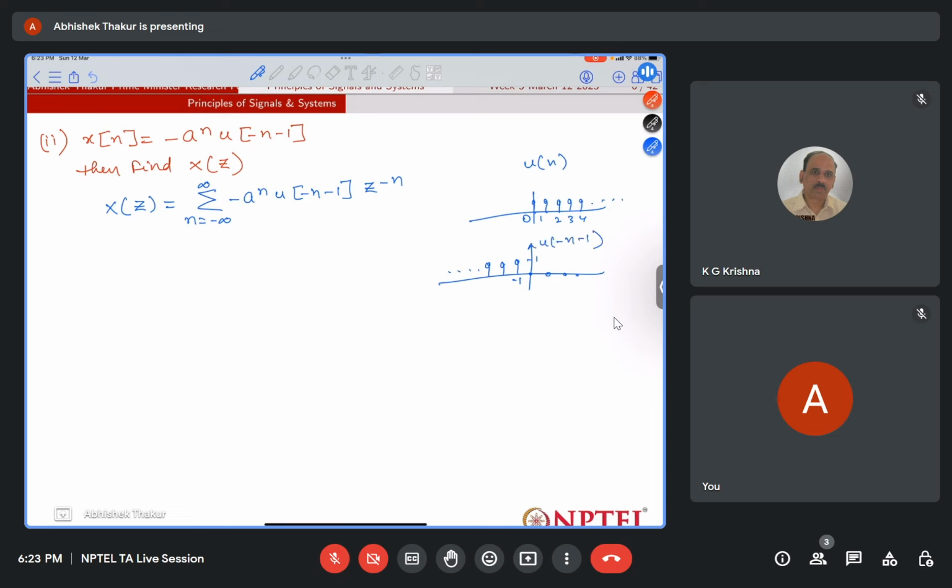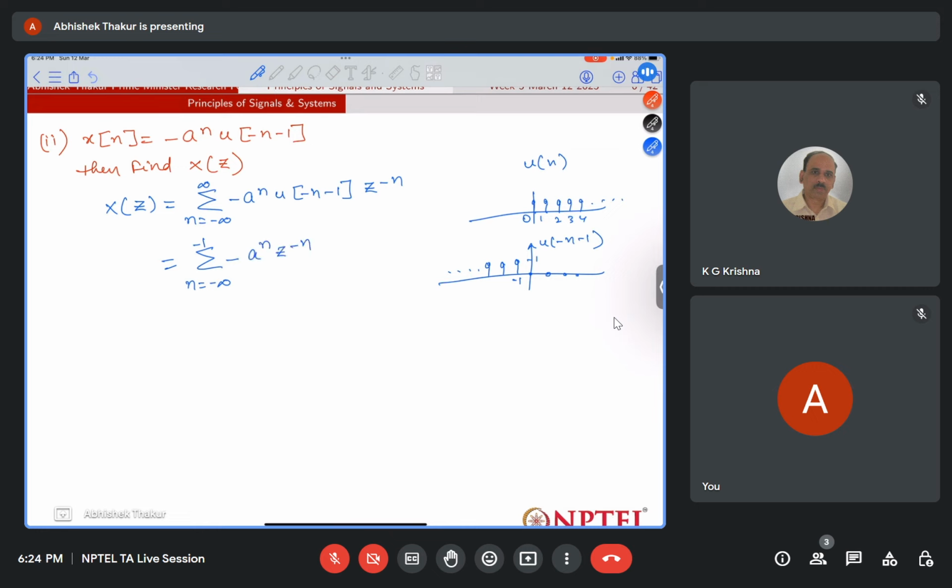So this is a left-handed signal, and the summation will be from n equal to minus infinity to minus 1, because after that the value becomes 0. We can write it as minus a to the power n z to the power minus n.